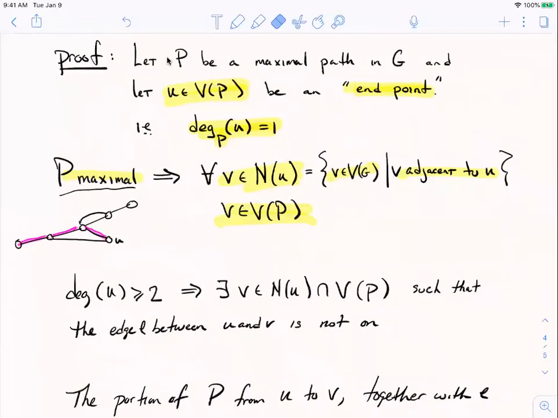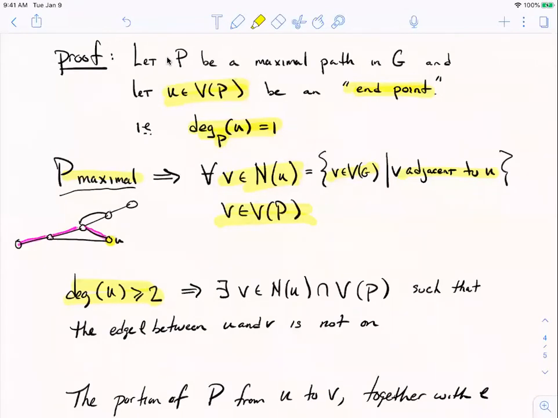Okay, so what's my next claim? My next claim is that because the degree of U is at least 2, right? Every vertex in this graph has degree at least 2. Only one edge along the path P is incident with U because U had degree 1 in P, right? So just like in the picture, only one pink edge is incident with U. There has to be a non-pink one, right?